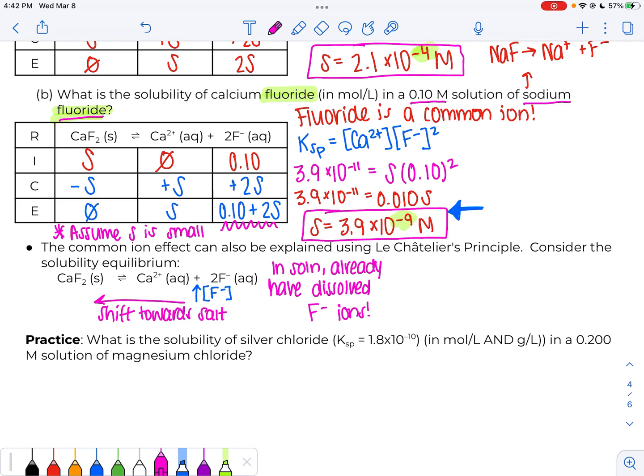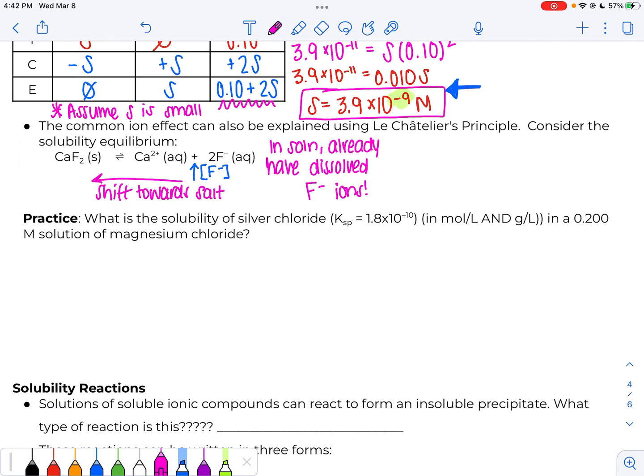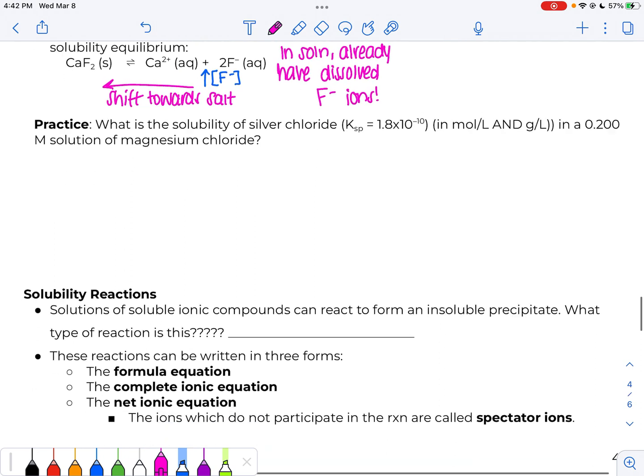It is going to be less effective at dissolving because there's already dissolved ions in that solution. So take a chance and practice this exact setup now with silver chloride. Check in with the answer key and come back for more solubility.